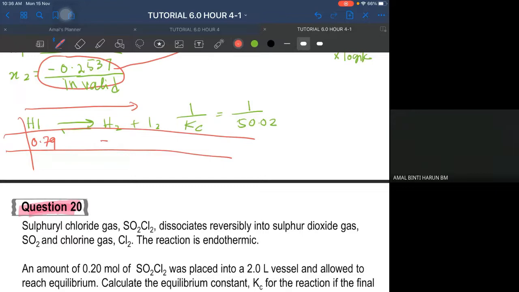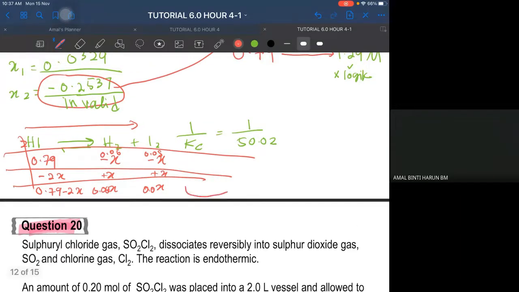So this one will be minus X minus X. So finally, need to 0. Ni minus 2x plus x, 0.79 minus 2x, x. Kat sini ada concentration dia 0.06, 0.08, 0.06 plus 0.08. Itulah. Okay. Sama juga.